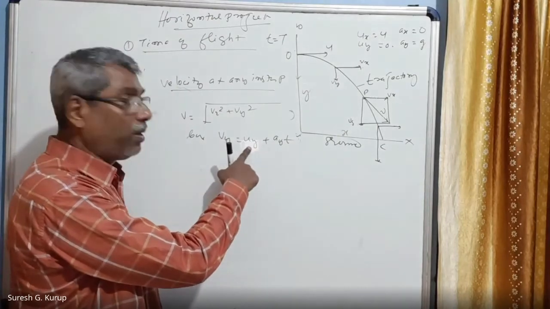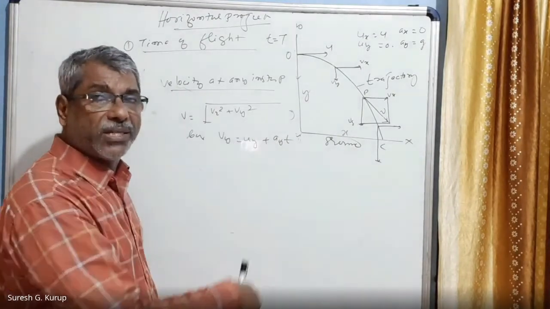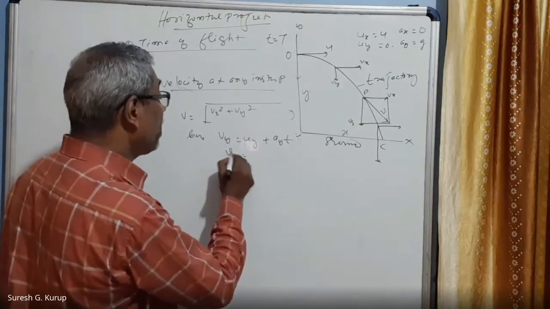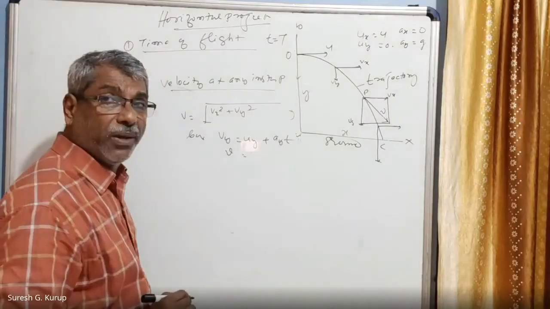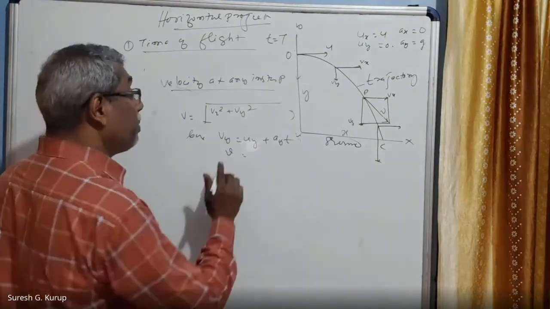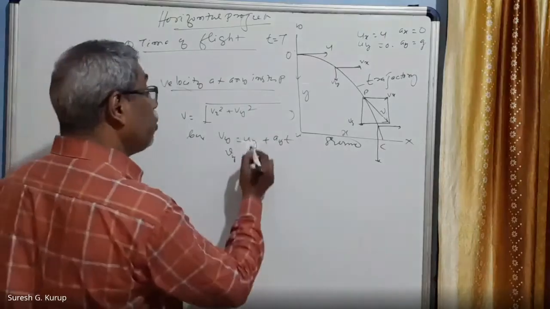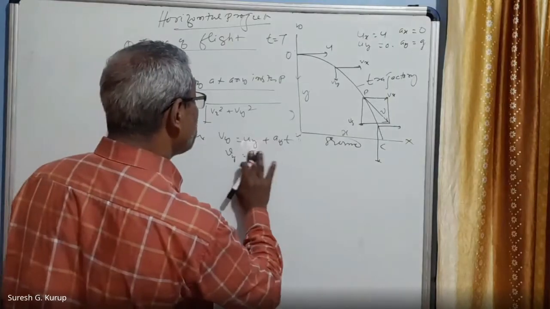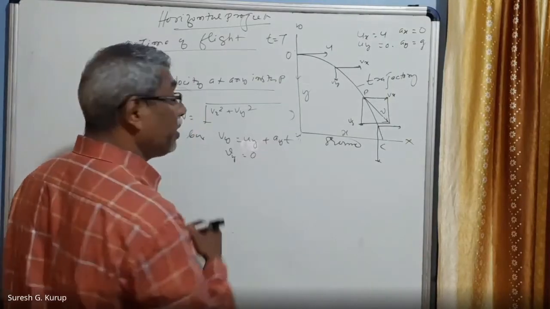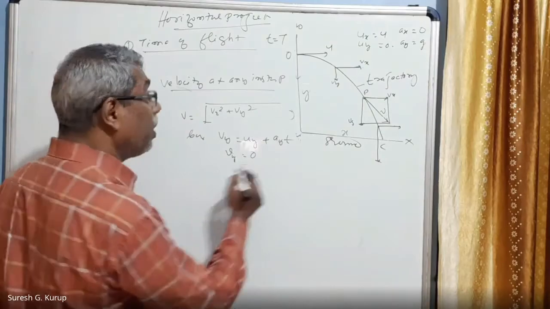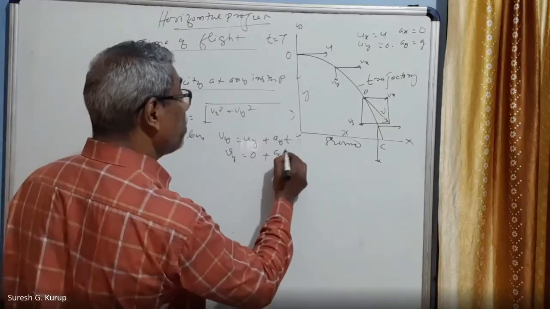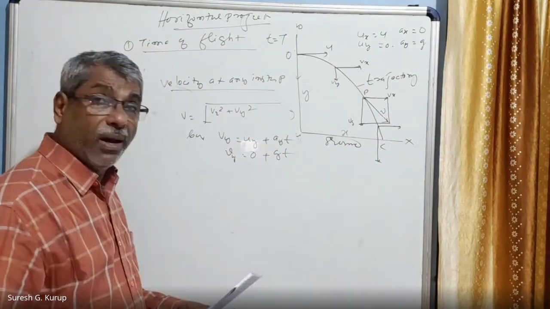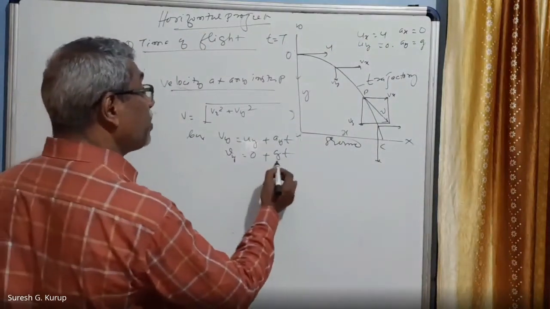What is Ay? The acceleration along the vertical direction. The initial velocity in the vertical direction is equal to 0, therefore 0 plus Ay, that is simply g, so 0 plus gt. Am I correct? Therefore, Vy is equal to gt.